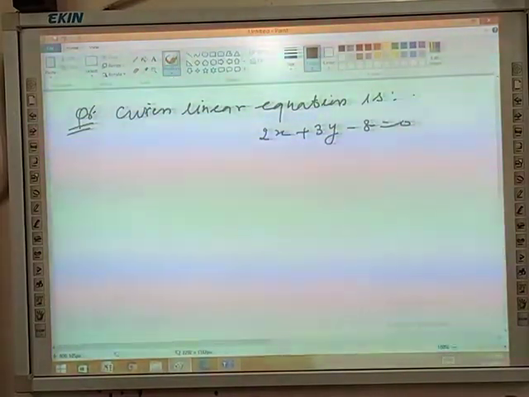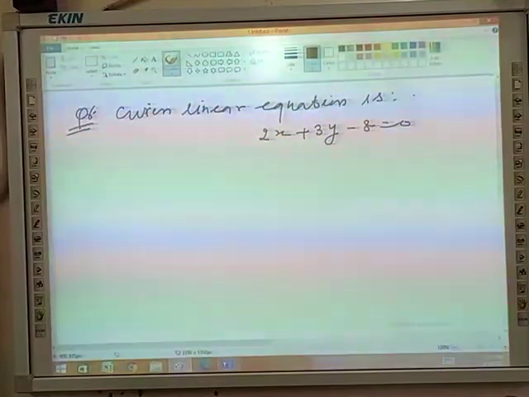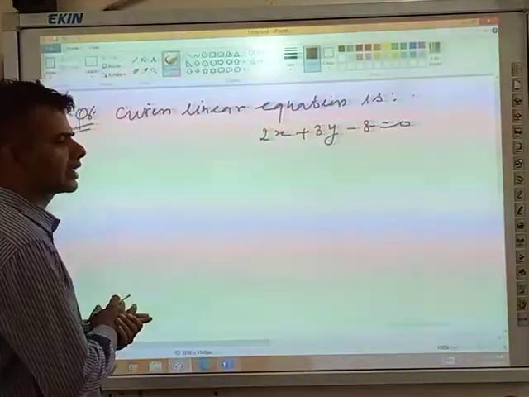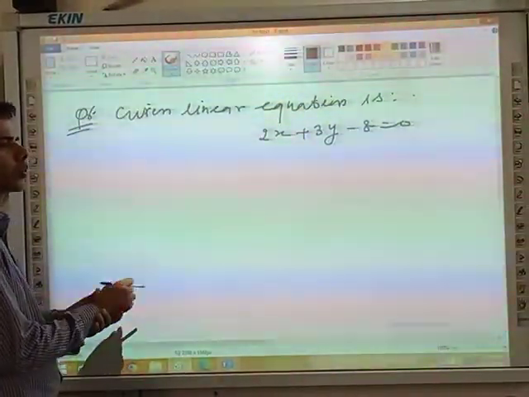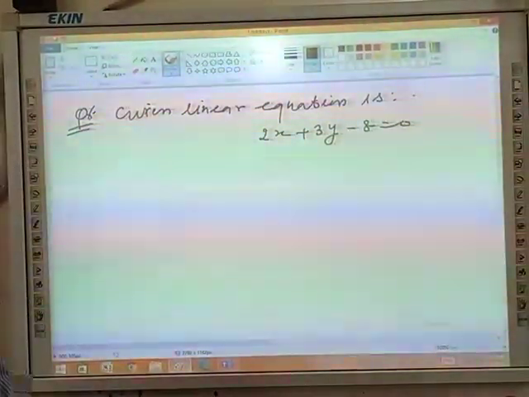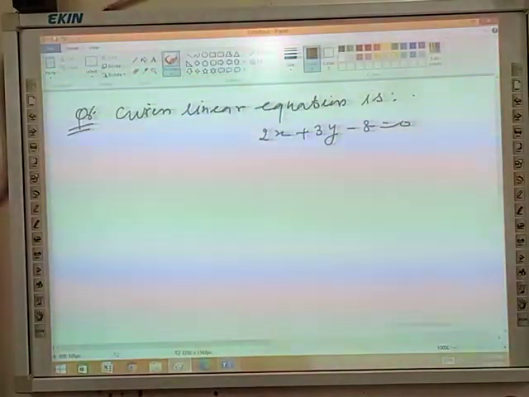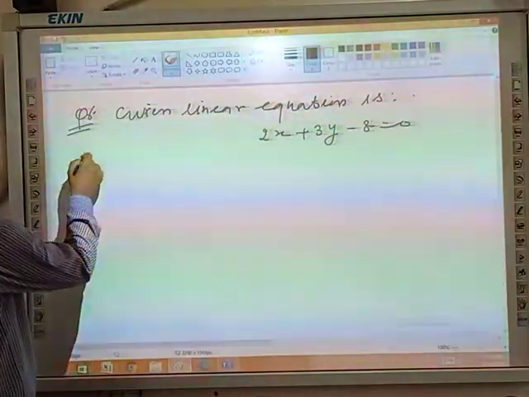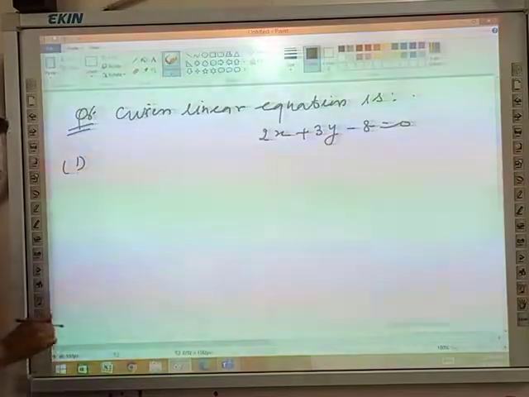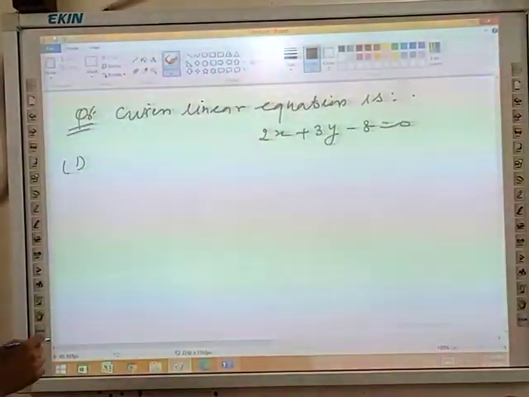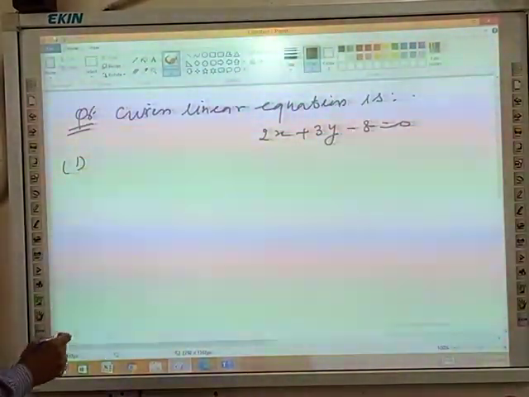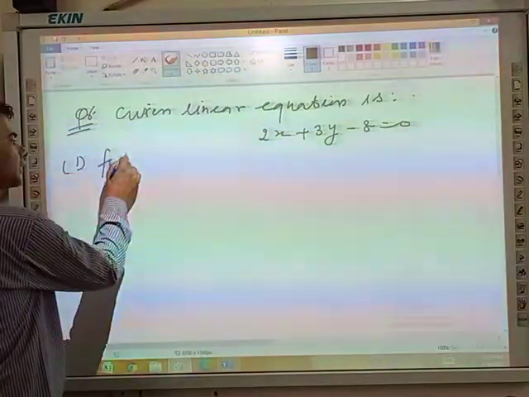Students, for intersecting lines, another linear equation in two variables will be... For a linear equation, the condition is a1 by a2 not equal to b1 by b2. Take an example such as a1 by a2 not equal to b1 by b2 for intersecting lines.